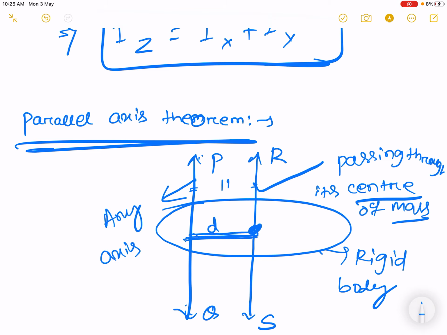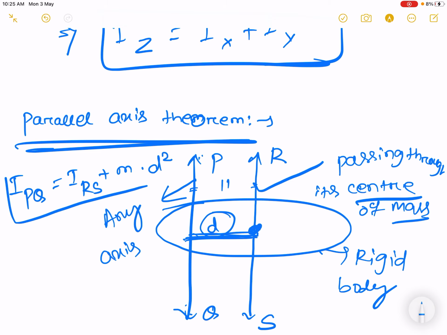Then the distance between two parallel axes is taken, and by taking the sum of moment of inertia about center of mass and product of mass of the body with square of their perpendicular distance between two parallel axes, we find parallel axis theorem.